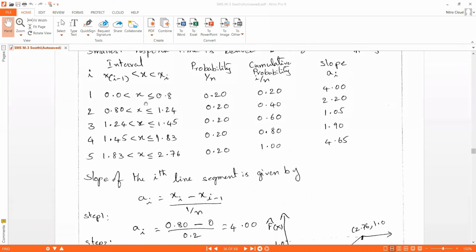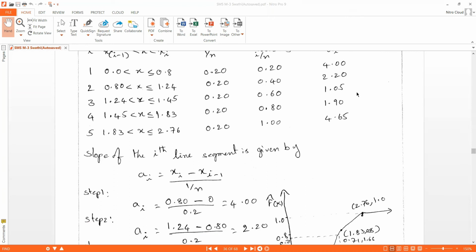When i equals 1, x_i is 0.80 minus x_{i-1} which is 0.0, divided by 1 by n, which is 0.20. So a_1 is 0.80 minus 0 divided by 0.2, and we get 4.00.